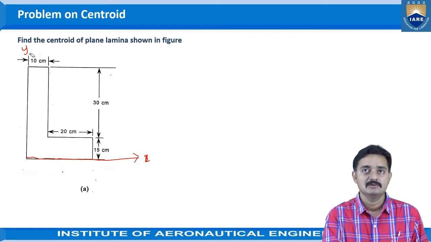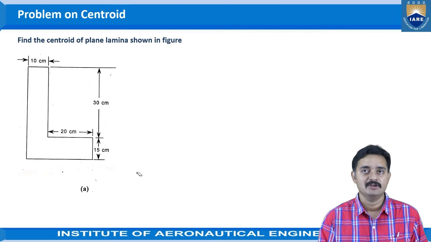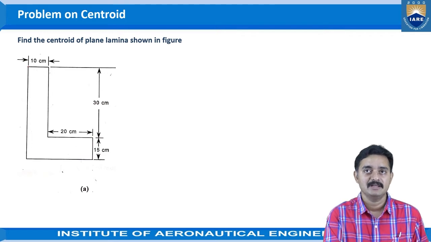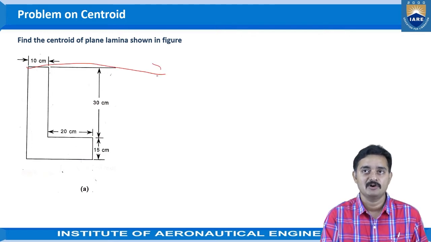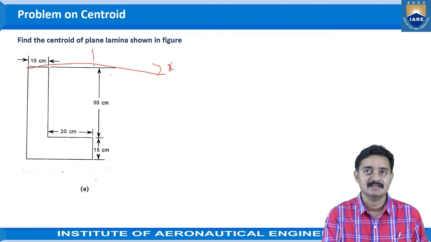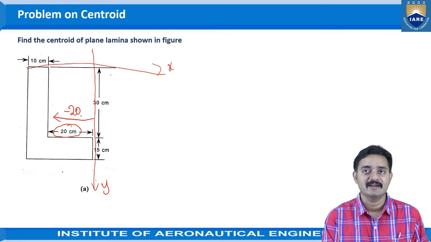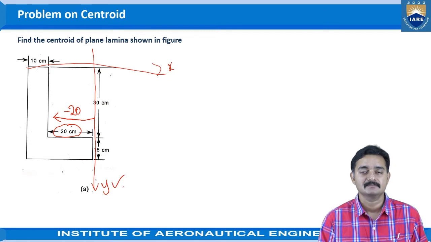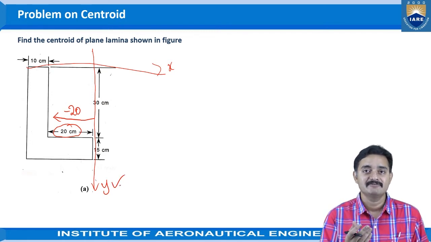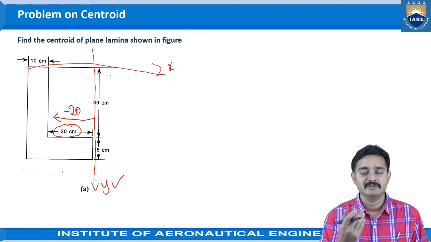We can also take the axes in the reverse way. Like we can place the x-axis at the top of the object and the y-axis at the right side of the object, which will yield negative values. So this 20 centimeters, let us say, would be considered as minus 20 centimeters from the y-axis. In this way, the quadrants will be manipulated with respect to the reference axis which we consider.